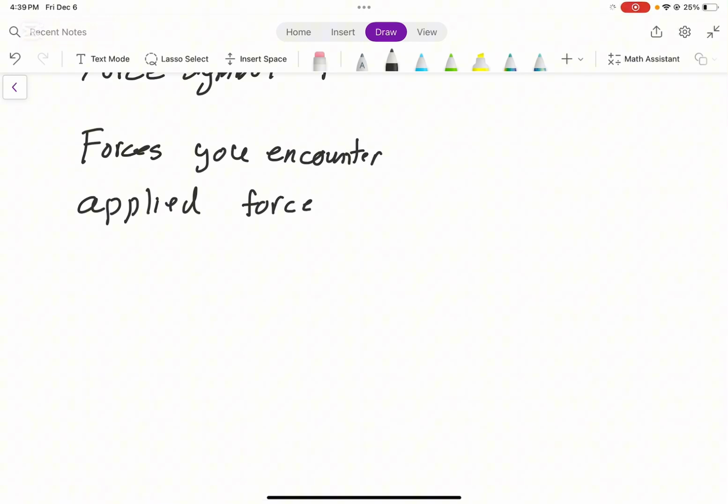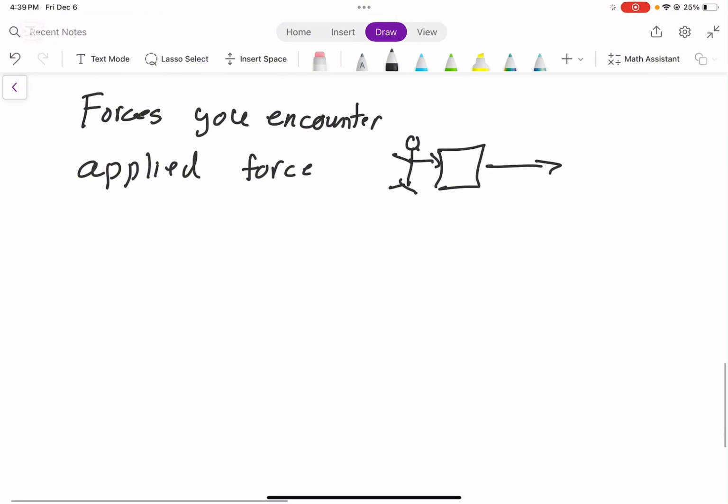What is an applied force? If you have a box here and you're pushing the box this way, you're applying a force this way. Anytime you push something or pull something, you're applying a force. Anytime you apply a force to something, that's a type of force.